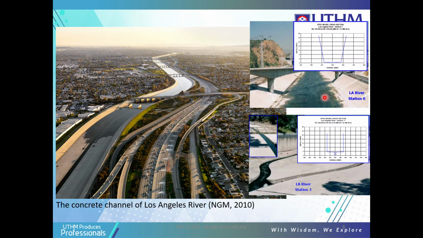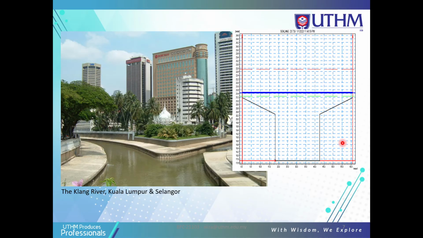This is the concrete channel of the Los Angeles River, also man-made. Actually this is a natural channel, but to make it more aesthetic and make the landscape beautiful, they used a concrete channel. The cross-sectional view of this channel is also trapezoidal.